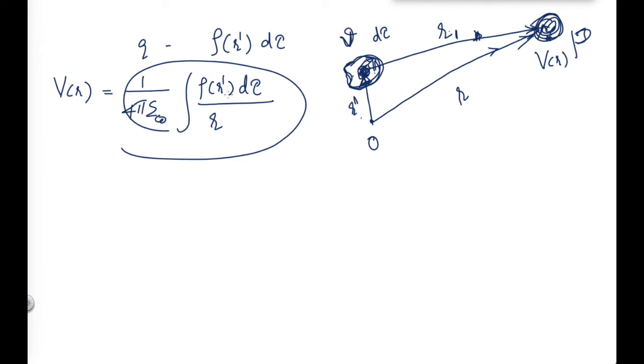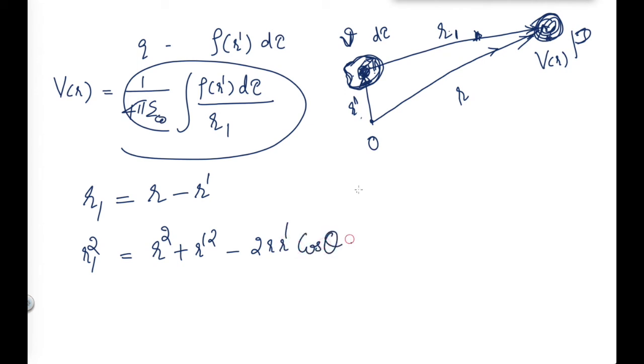Now we have to evaluate this for an arbitrary charge distribution at position R dash. We know that R1 is equal to R minus R dash, taking the magnitude. Mod R1 squared is R squared plus R dash squared minus 2R R dash cos theta, where this is the angle theta.